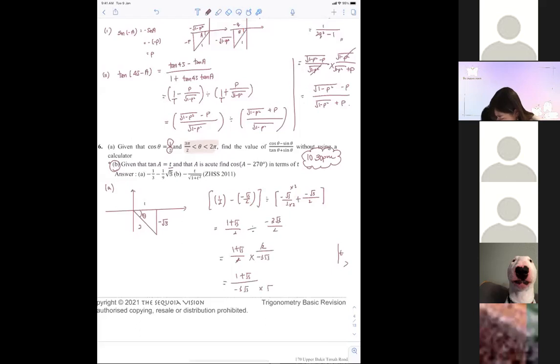Don't forget to rationalize. Square root cannot be at the bottom. That's your answer. Okay. You can leave it like that. Up to you. They never really say you must present it in this way.